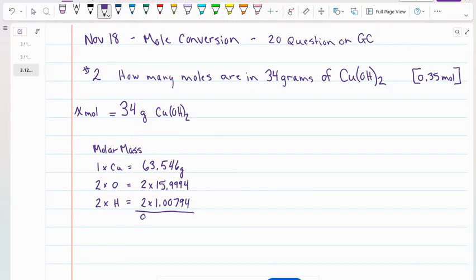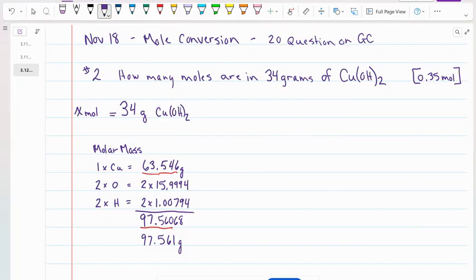Okay, and I get a molecular mass of 97.56068. Now, remember, with our significant figures, we only want to keep the least precise figure, which would be our copper, with 5 significant figures or 3 decimal places when we do adding. So we literally can only keep those digits, in which case our molecular mass will be 97.561.